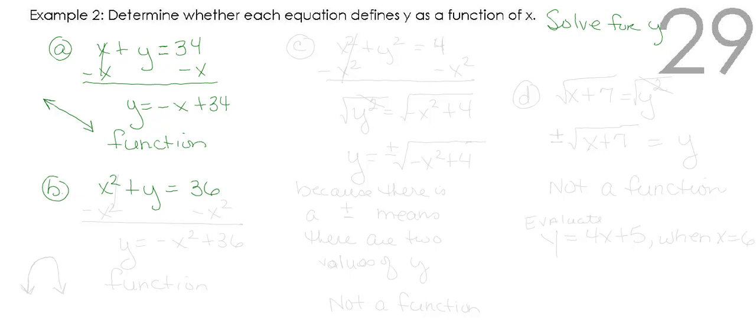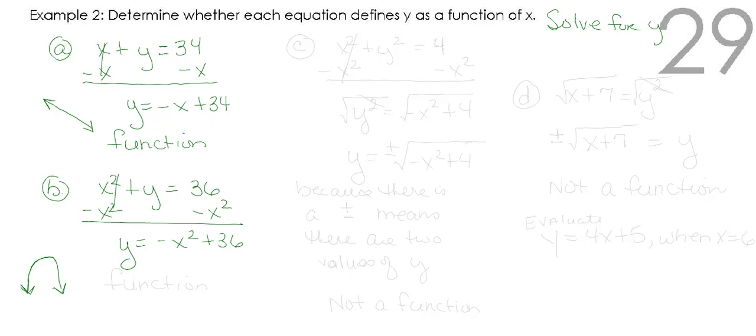So if you see the exponent, you can have a visual without even having to graph it, of what type of equation this is. So solving for y, we're going to subtract x squared from both sides. We have y is equal to negative x squared plus 36. And actually, this is going to be a parabola that's going to face downward.